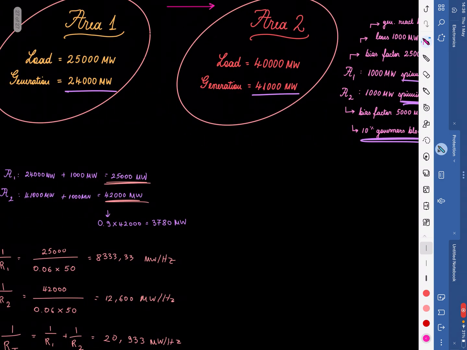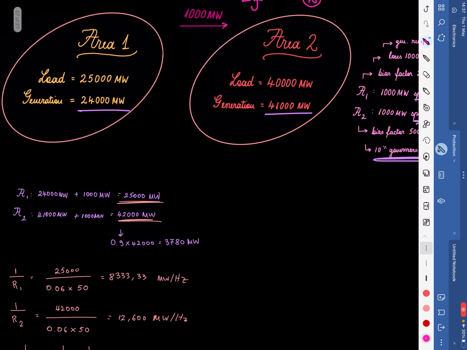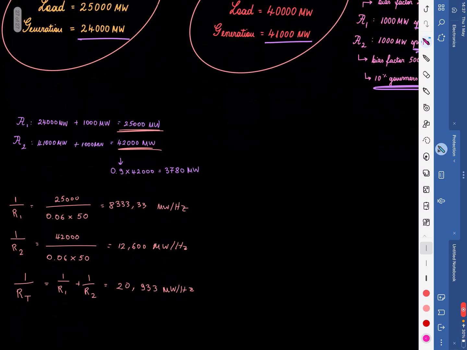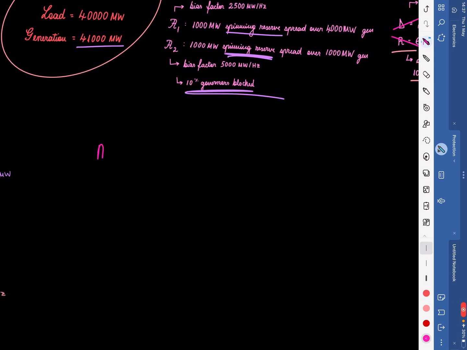So, we know that when frequency changes, your generators react. And also, the frequency dependent load is going to increase. So if we calculate this for each area, it's going to be for area 1.